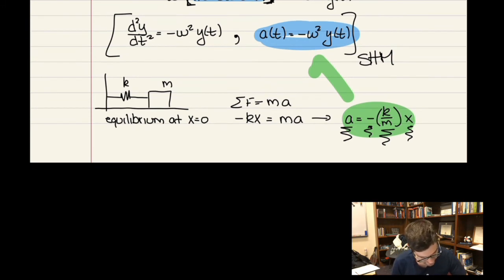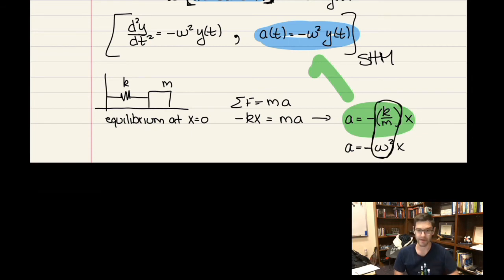So by making a comparison between this and a equals minus omega squared x, you can identify what is playing the role of omega squared here. You're saying that omega squared equals k over m.